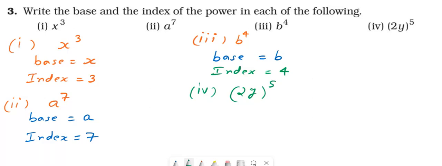Beta, here base is 2y and the index is equal to 5. So beta, this is the answer. Base and index, in each case, I have explained.